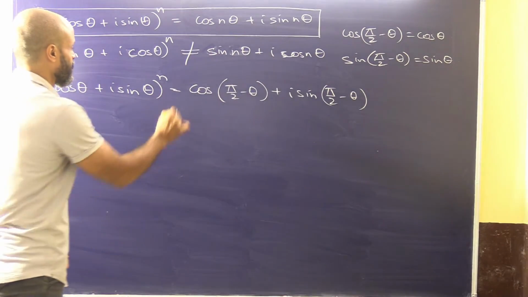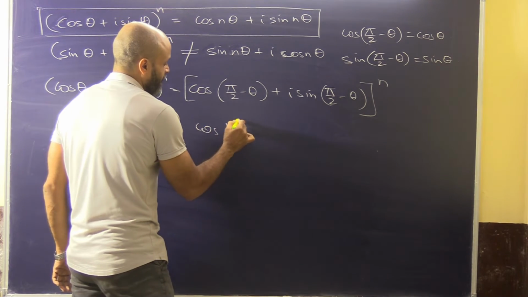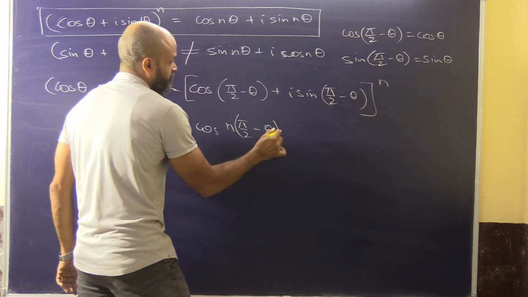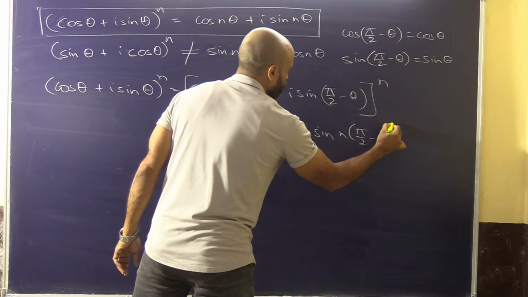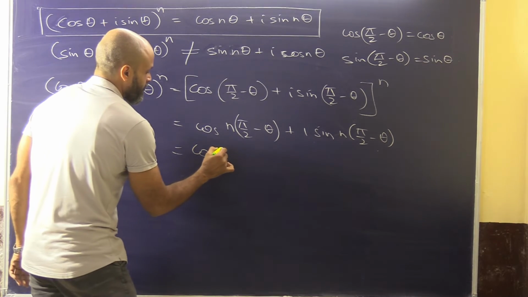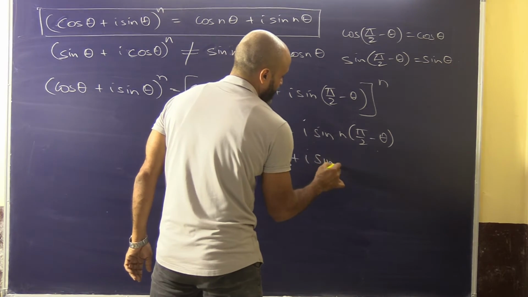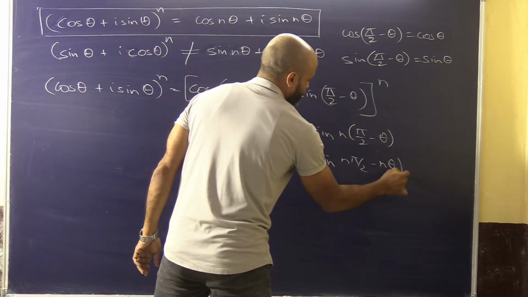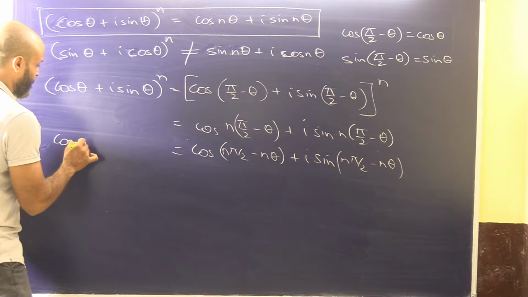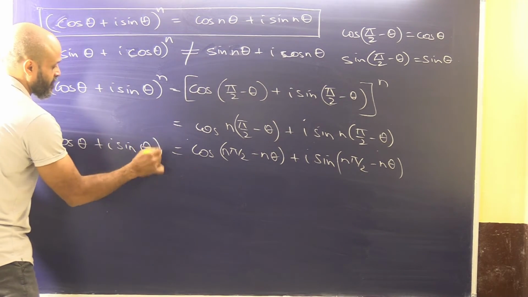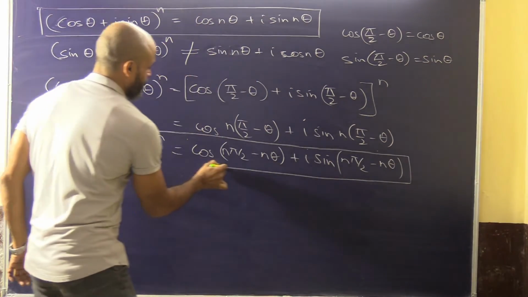If I write it in this way, to the power of n, we can write cos n times pi by 2 minus theta plus I sin n times pi by 2 minus theta. So this can be written as cos n pi by 2 minus n theta plus I sin n pi by 2 minus n theta. So cos theta plus I sin theta to the power of n can be written in this format.